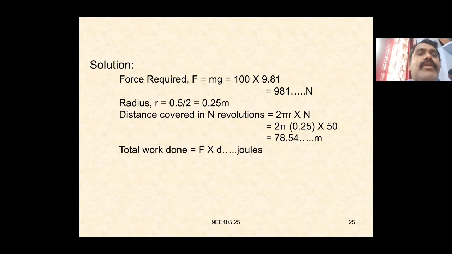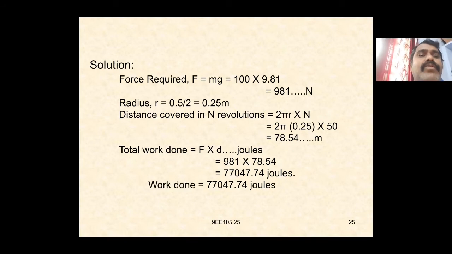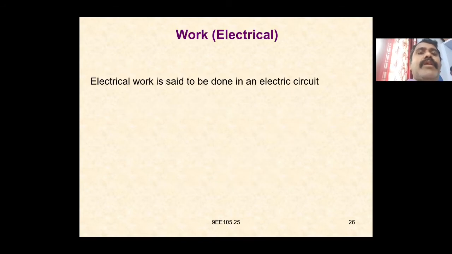So total work done is equal to force into distance, measured in joules, 981 into 78.54, which is 77,047.74 joules. So work done is equal to 77,047.74 joules.